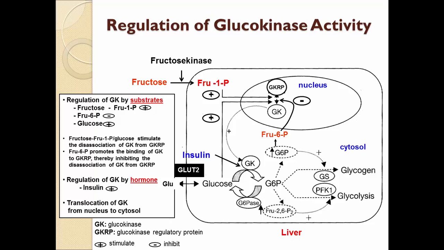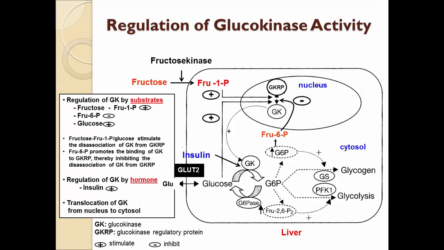And fructose 1-phosphate is a substrate that is metabolized from fructose, right? So fructose 1-phosphate can promote the release of glucokinase from the nucleus to the cytosol, and so stimulate glucokinase activity.